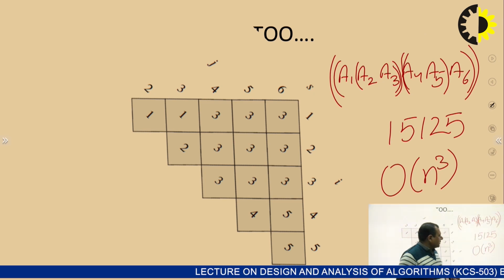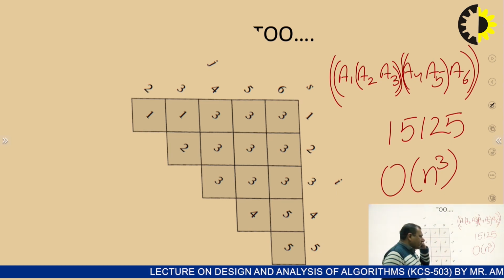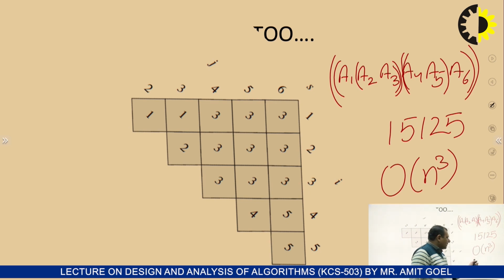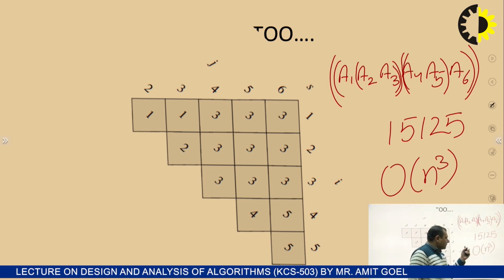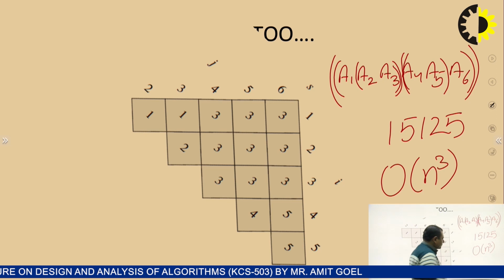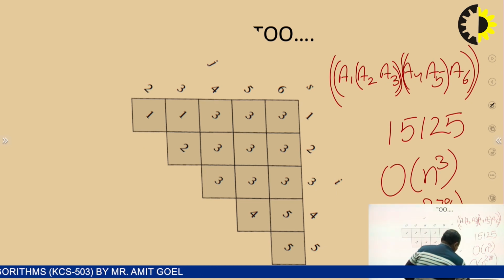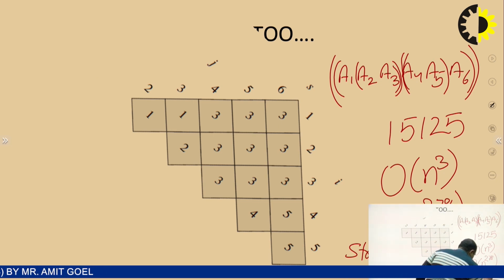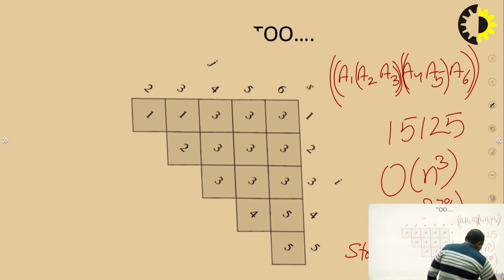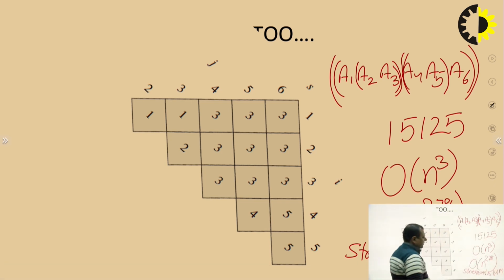However, Strassen reduces this value from n cube to n raised to power 2.781. So that we will discuss in Strassen's matrix multiplication, that we will discuss in some other lecture.